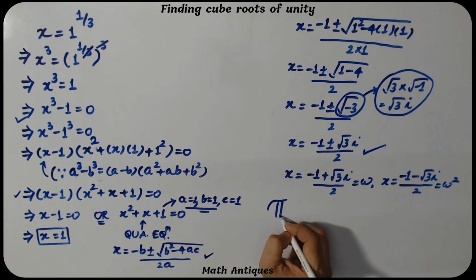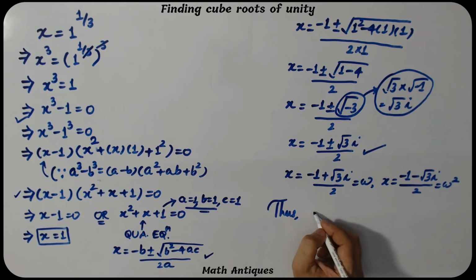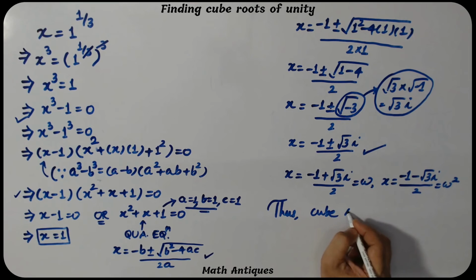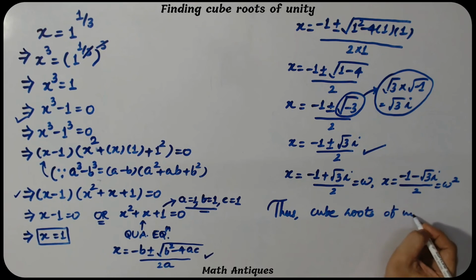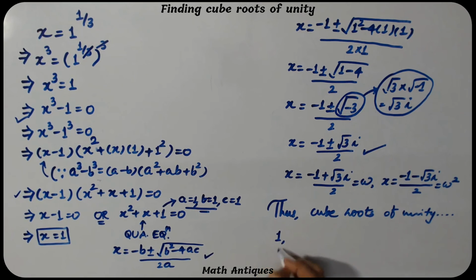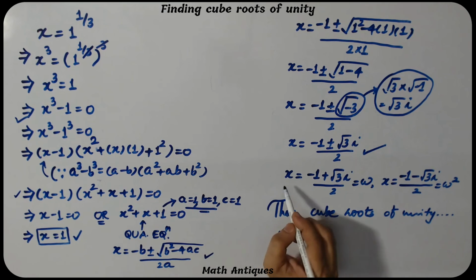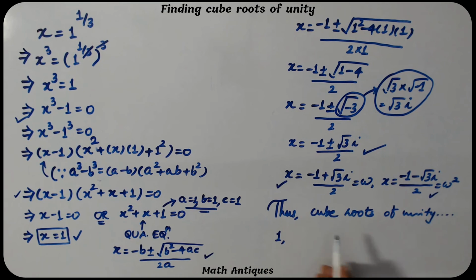So the conclusion is, thus you can say cube roots of unity are, the first one is 1, which is here, the second one is here, and the third one is here. The second one is, you can say omega. Let me write down clearly. It is omega is equal to minus 1 plus root 3 i by 2.